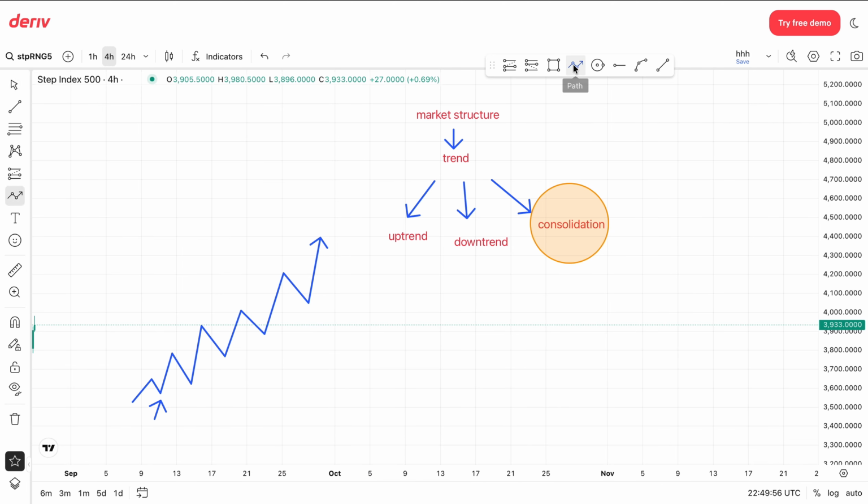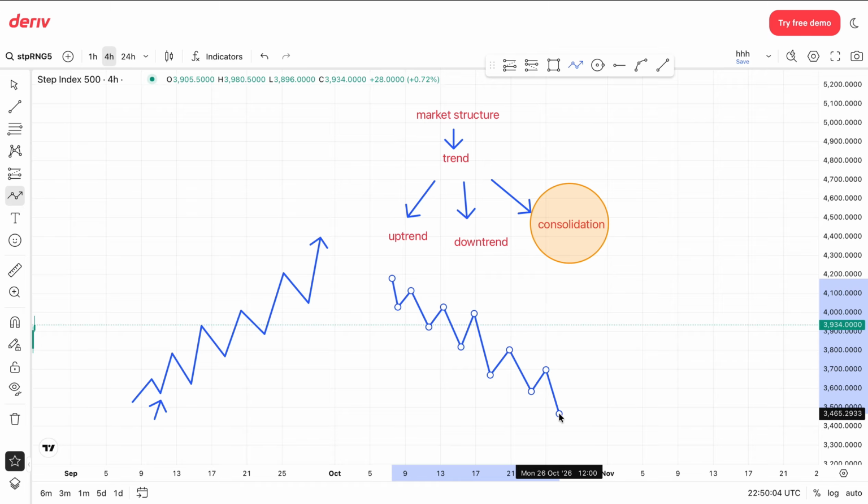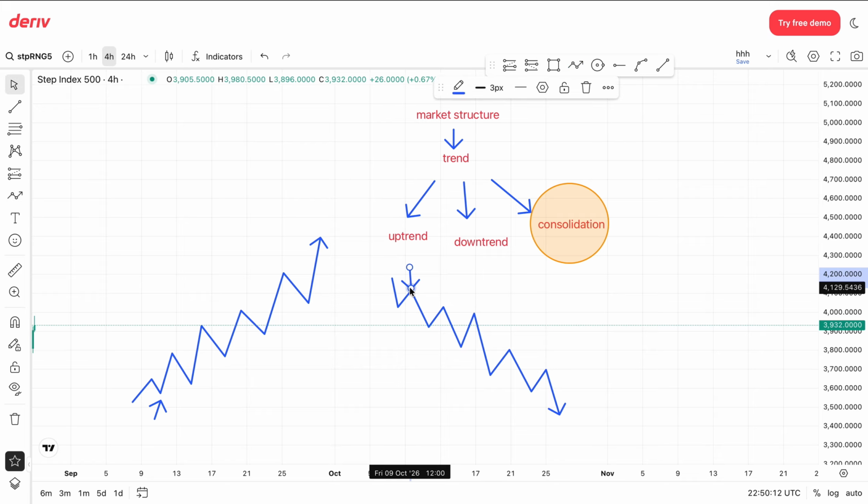Then for the downtrend, we have when price is giving you lower highs and lower lows, just the opposite. You see this low now, price is making this low that is lower than this one. Same thing, this low is lower than the previous low.